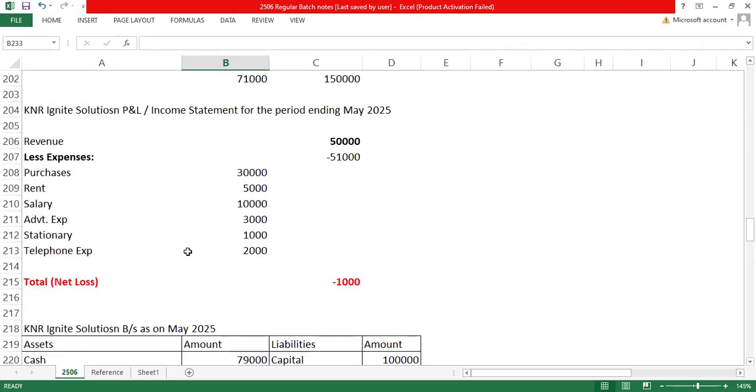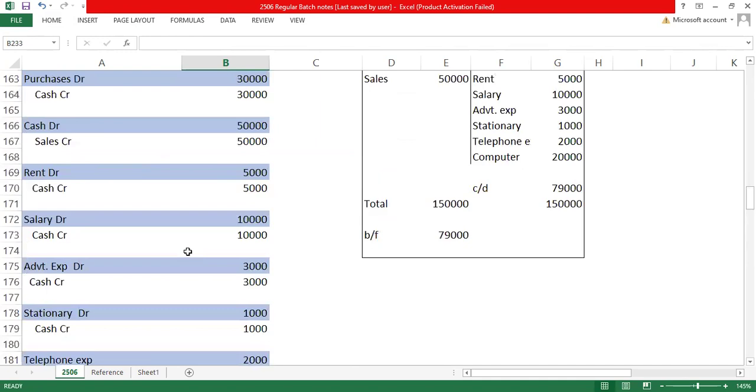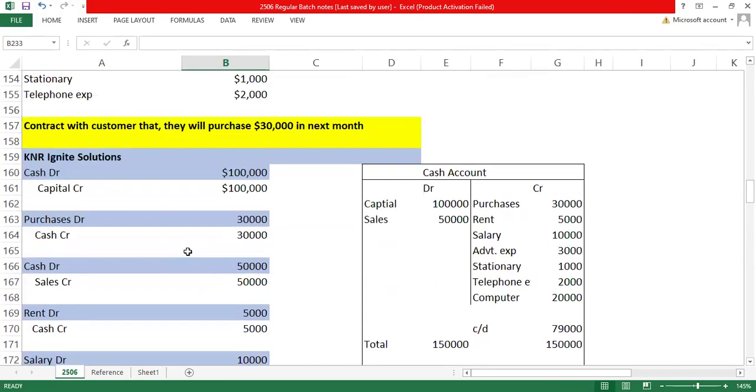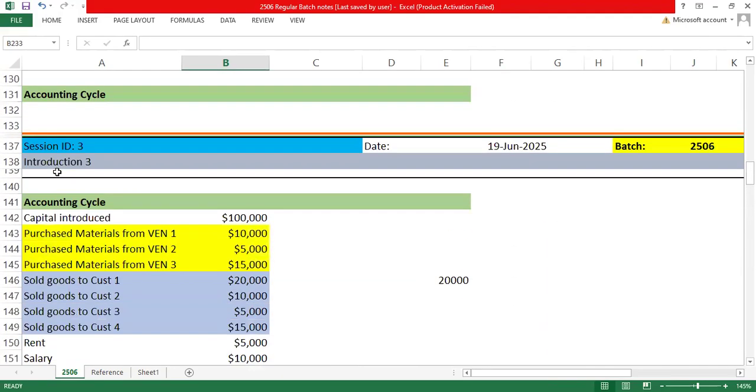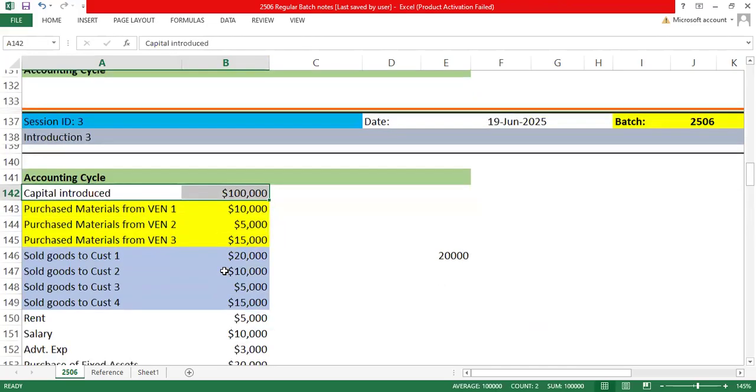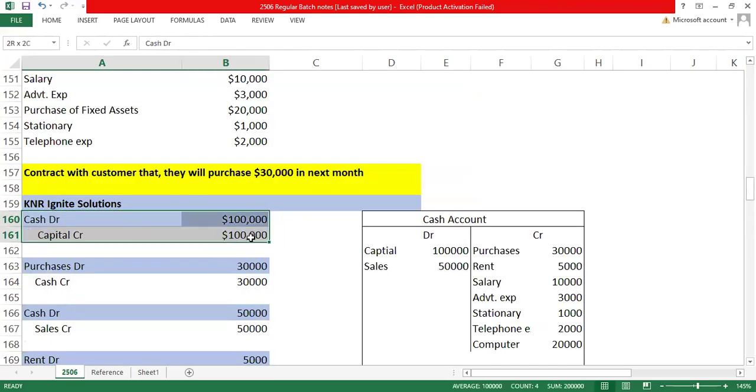Now, wherever I deal with cash, what happened here? Even those who come from a completely non-accounting background, with no accounting experience, will be able to answer this. What happened to the cash here? Whenever capital is introduced and I received cash, was it debited or credited? Debited.